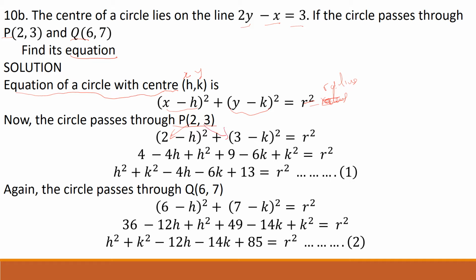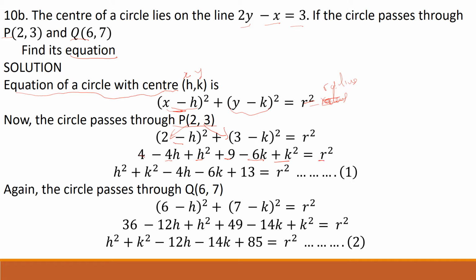Okay, so I substituted in this expression, opened the brackets, 4 minus 4h plus h squared for the first bracket. The second bracket we have 9 minus 6k plus k squared, all equals r squared.